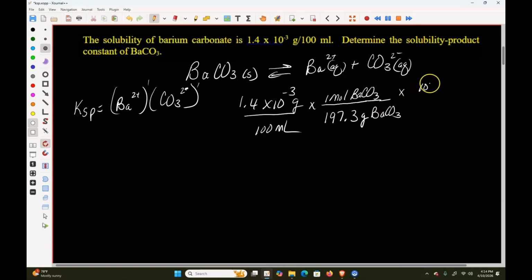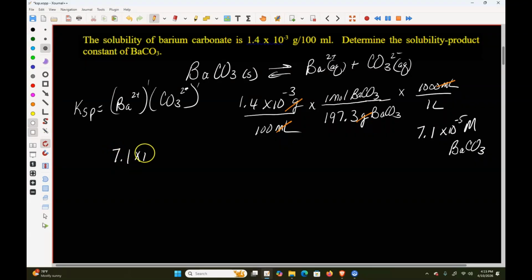And I know that there's 1,000 milliliters per 1 liter. All right, so these grams cancel, these milliliters cancel. So this gives me 7.1 times 10 to the negative 5 molar BaCO3. So that means I have 7.1 times 10 to the negative 5 moles of barium.